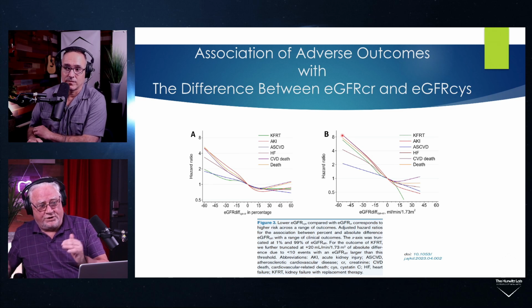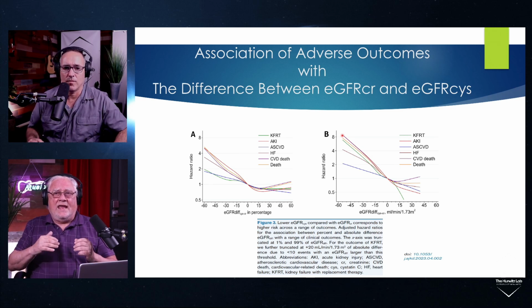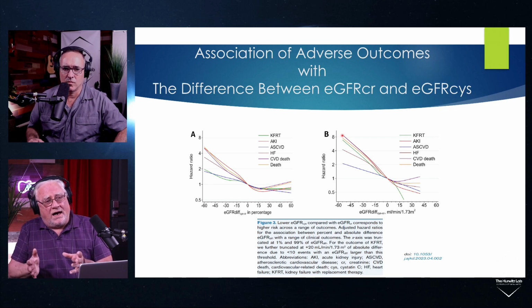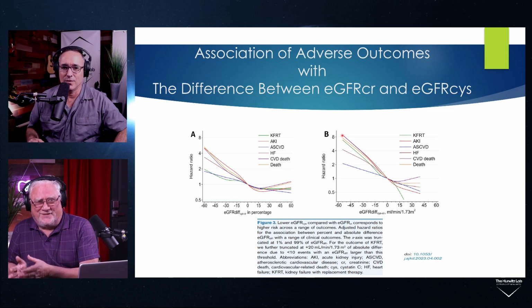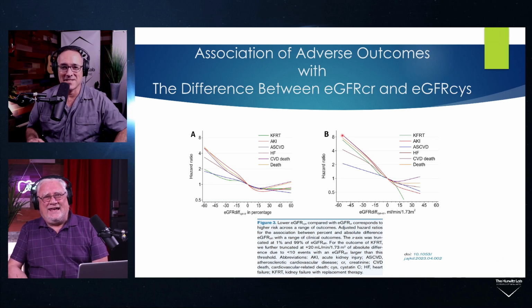Right. When you're seeing these big disparities between numbers. Right. And it turns out that having a low creatinine on a non-GFR basis is a very poor indicator of good health. Right. You're sick, it's a bad prognostic sign.